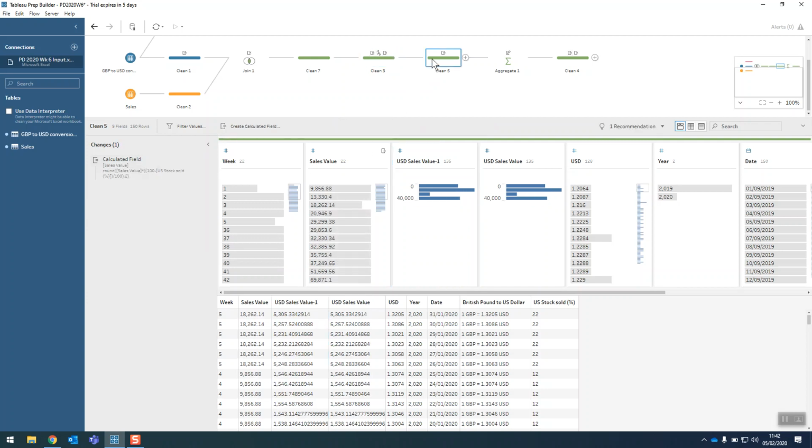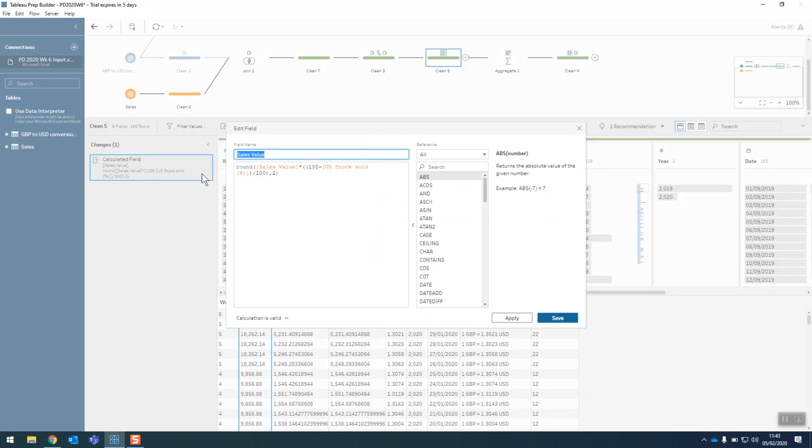The other thing that I initially forgot to do is that of our sales value, we then want to have what's left over. So all the rest is staying in pounds, but we don't want that to stay as the whole number. We want the percentage that is supposed to be staying in pounds. So basically we just want to take away all that we've converted into dollars.